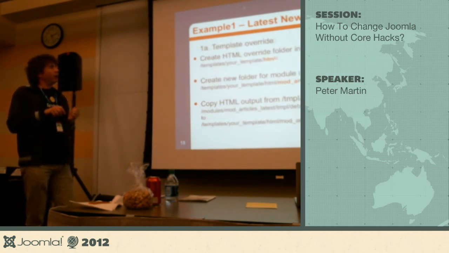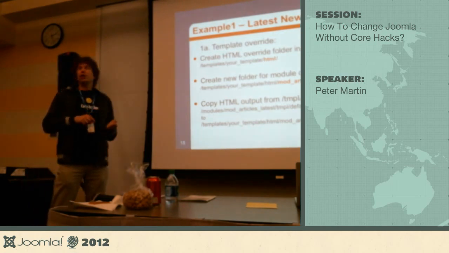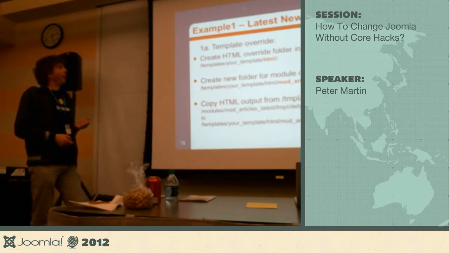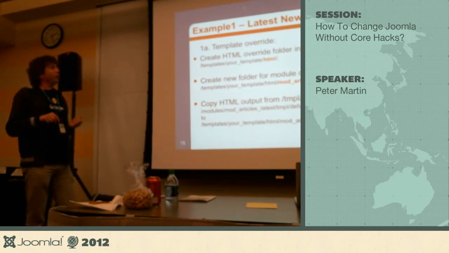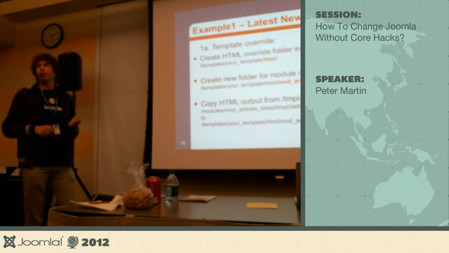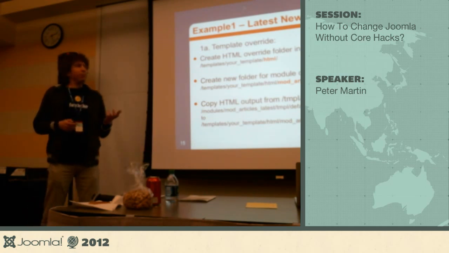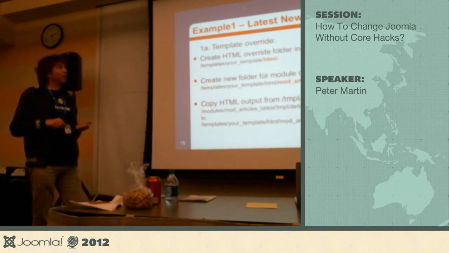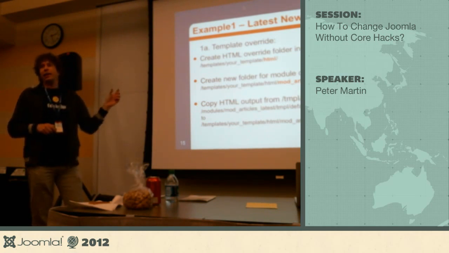In your template folder, you have the template you work with. You create an html subfolder, and in the subfolder you create a new folder for the module override. In this case, I know that my module is called mod_articles_latest, so that's what I add.